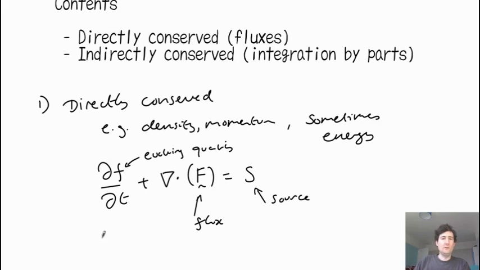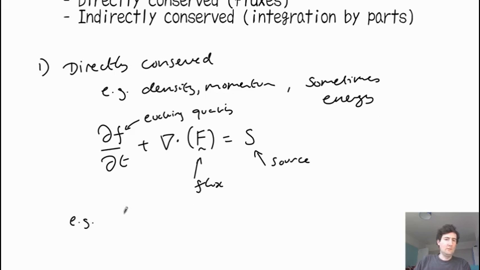So for example, f is rho, the mass density. Then the flux is just rho times the velocity u, and then S might be an external ionization source or recombination, some external source of particles.